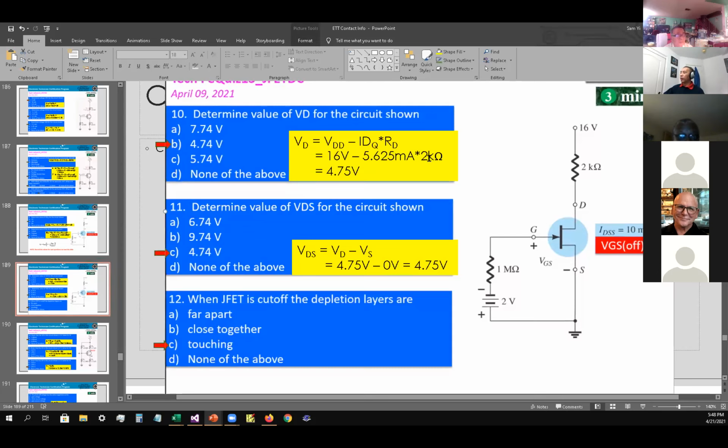Okay, and multiply it by the 2K. That is the resistance at the drain. Okay, and once you multiply that out, the answer comes to about 4.75 volt. Okay. So B is the correct answer for 10.